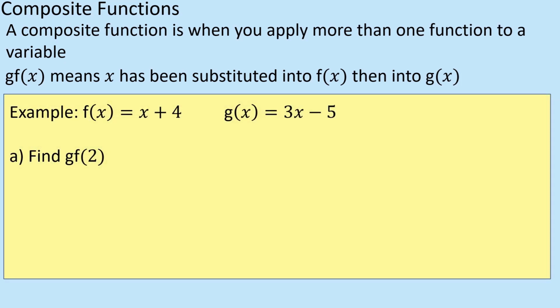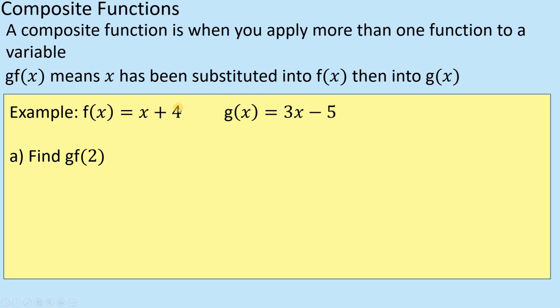First of all, we need two different functions. We're going to take a function here where we add 4 to a number, and this one over here, you'd triple it and take away 5. So we've got two different functions taking place, and we're going to do two different things to a number.